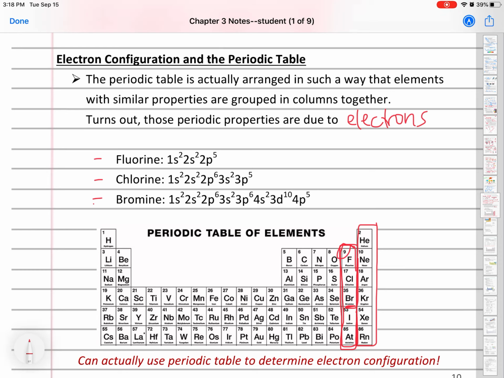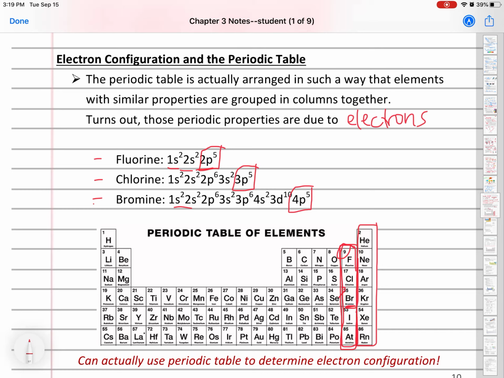If we wrote them out, fluorine has 9 electrons, so that would be 1s2, 2s2, 2p5. Chlorine has 17, this would be the electron configuration, and bromine has 35. Do the math, this would be the configuration. But look at how they all end: 2p5, 3p5, 4p5.